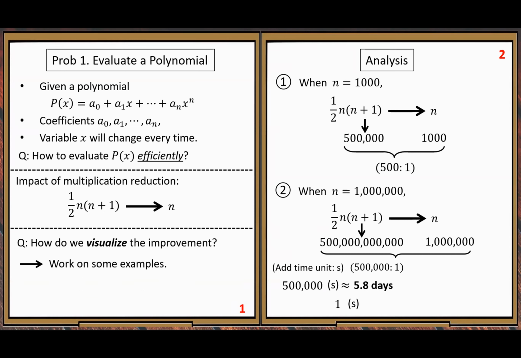If you have a very good, very fast algorithm that gets a computation result in 1 second, you will be very happy to bring it to your customers. Show them, I can find your solution in just 1 second. Your customer will be very happy. For the other one, the same solution, it's correct.